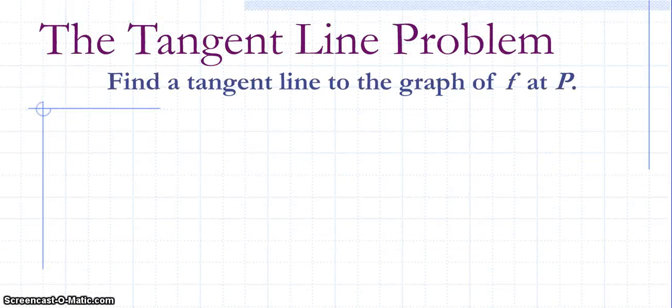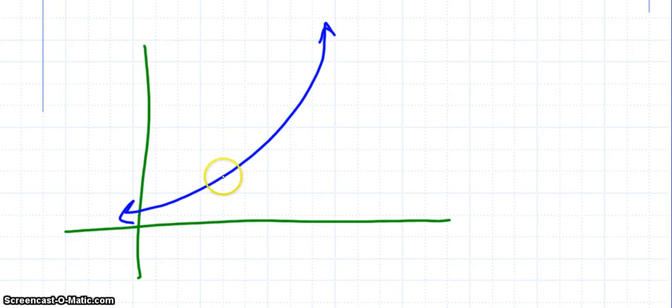Alright, so next we're going to talk about the tangent line problem. This was a problem back in the day on figuring out how we can come up with the tangent line to a function at a given point. And so if we draw a picture, again, if I have some function like this, and if we want to find the tangent line to this function, well, we could first start with a secant line.